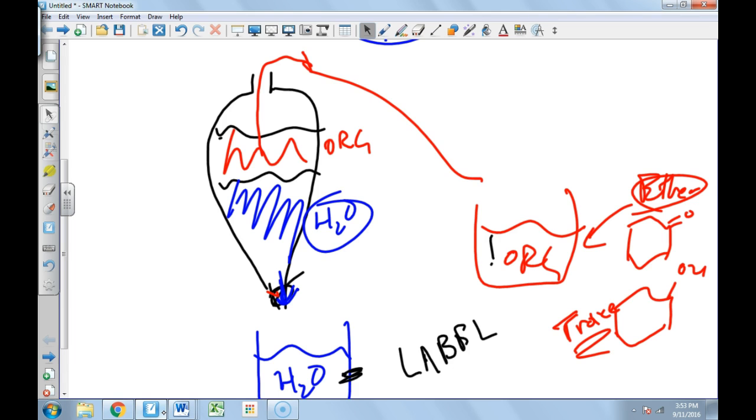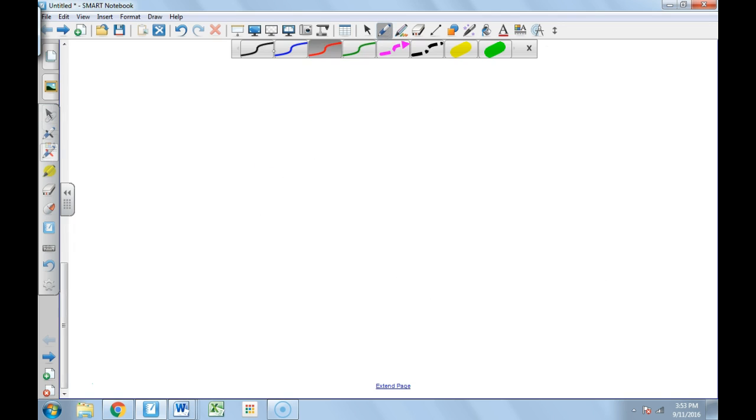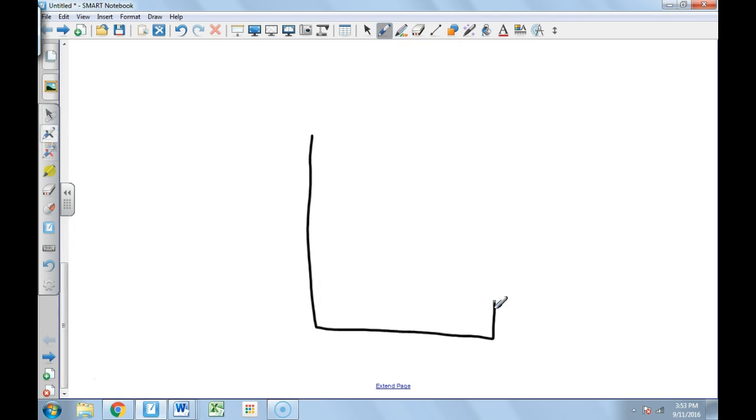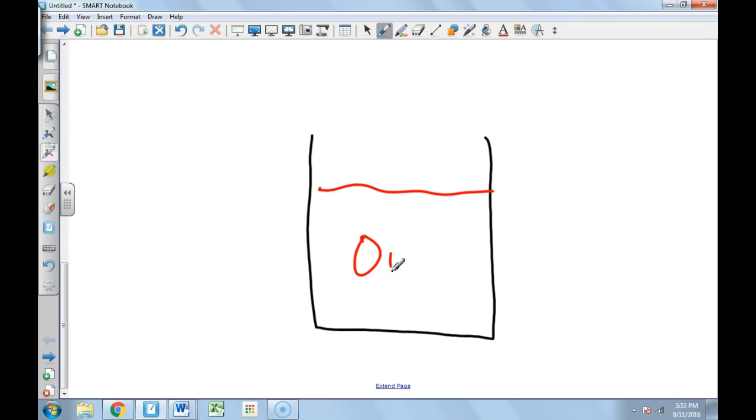Now we have our organic layer, and I'll keep it red. But there is a little bit of water mixed in here, just little droplets that have made it around. We want to make sure that we remove all the water that we can.